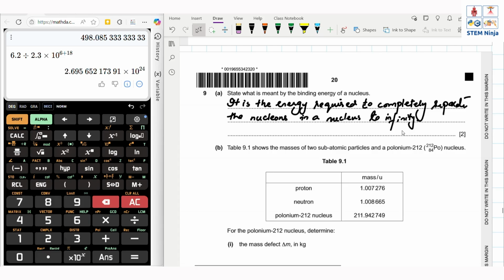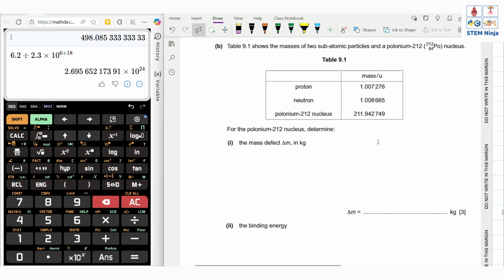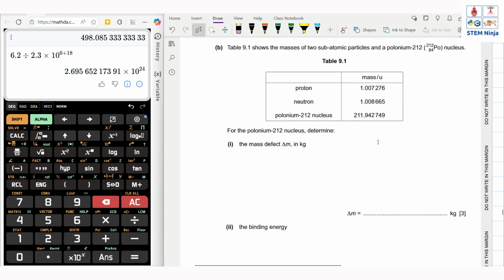Okay. Table 9.1 shows the masses of two subatomic particles and a polonium 212 nucleus. For the polonium 212 nucleus, determine the mass defect delta M in kgs. So all we have to do is to first find out the mass defect in atomic mass unit, and then since 1 u is 1.66 times 10 raised to power minus 27 kgs, we will multiply with the kg value.